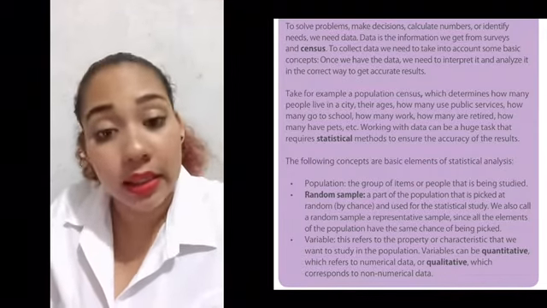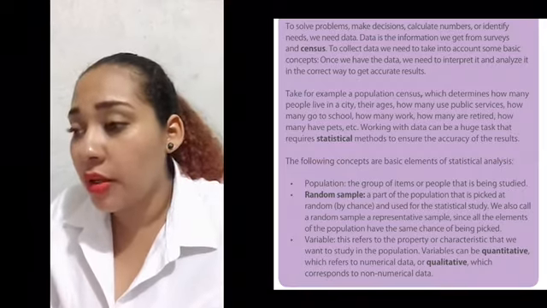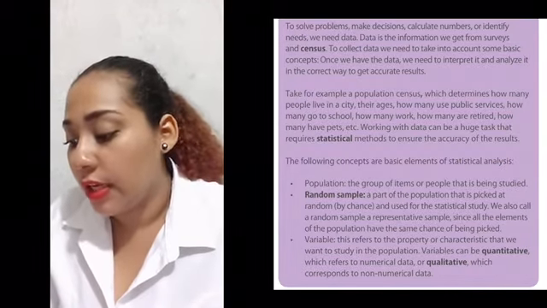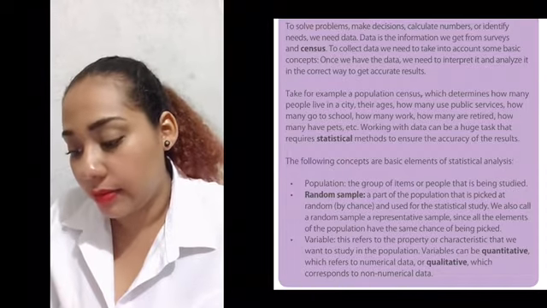Now let's take a look at the following concepts, the basic elements of a statistical analysis.